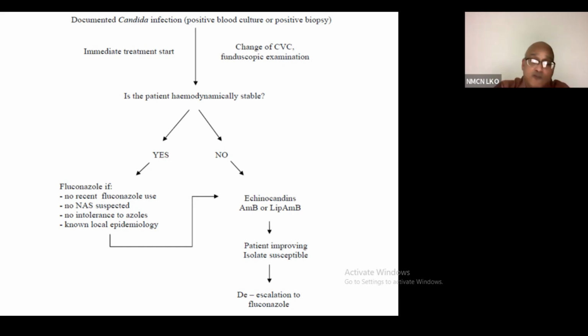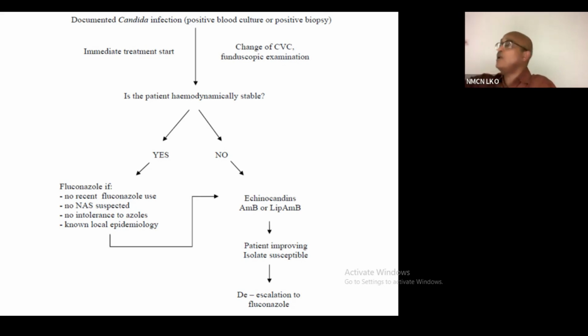Fluconazole can be chosen if there is no recent fluconazole use, if non-albicans is not suspected, if there is no intolerance to the azoles, or if you have a known local epidemiology which says that fluconazole is not resistant. Then only you can choose it. If the answer to any of this is no, then your choice is an echinocandin or a liposomal amphotericin B. So blindly giving everyone fluconazole, you can't be just happy that you have given him the treatment and he will be okay.